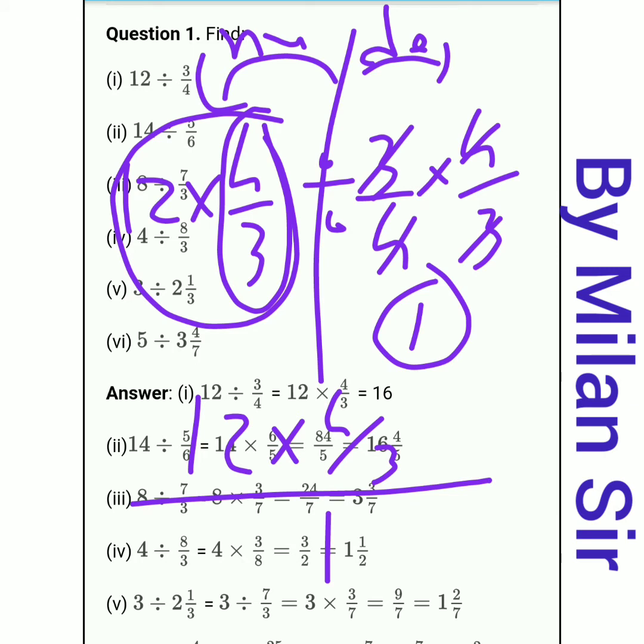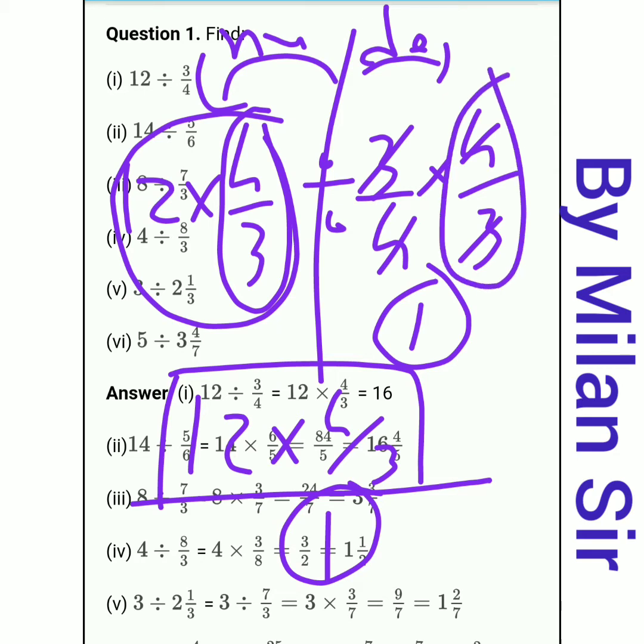But if any number we divide with 1, then we get the same answer, right? That means we can ignore this one, because we get the same answer. So alternately what we need to do? 12 multiply 4 by 3. Now here I take 4 by 3. It is reciprocal of 3 by 4.